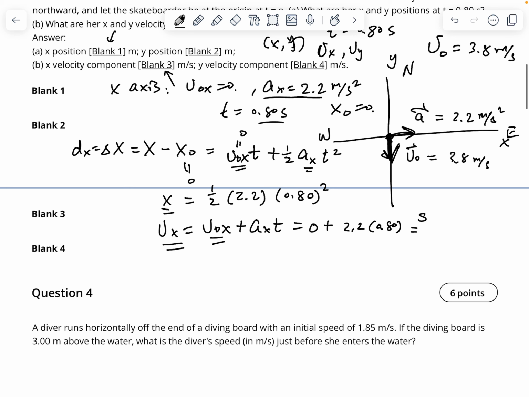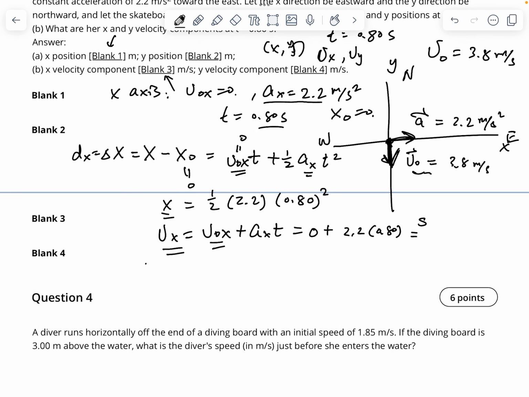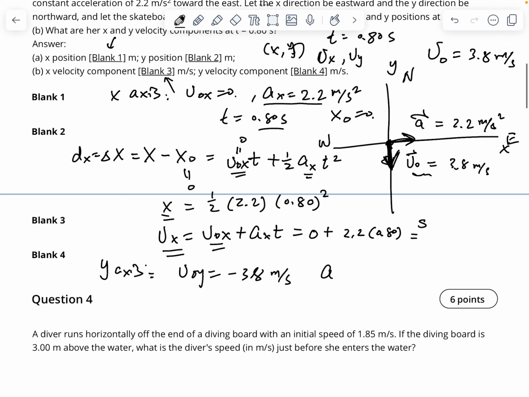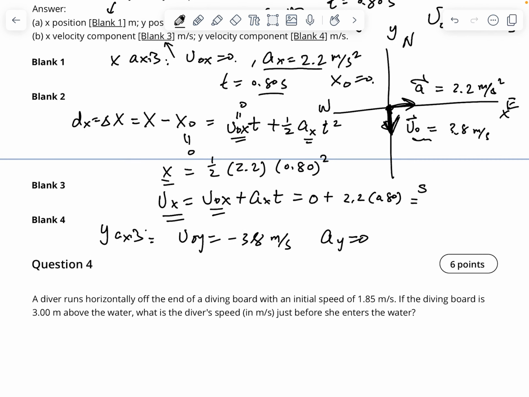Now let's look at what y is. Okay, so in the y-axis, v naught y equals negative 3.8 meters per second, right? See, this is in the negative direction of y, and ay is 0. There's no acceleration in the y-axis, all right? So this is pretty easy, right? So what is delta y, also dy, equal to y minus y naught, equal to, well, you have motion with constant velocity, right?